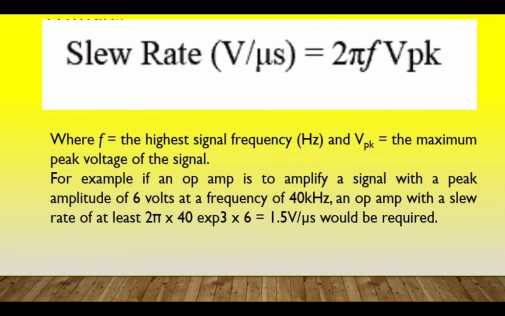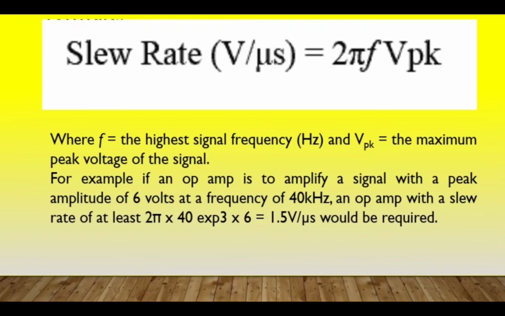So this is the formula for slew rate: slew rate in volts per microsecond equals 2 pi f Vpeak, where f is the highest signal frequency in hertz and Vpeak equals the maximum peak voltage of the signal.